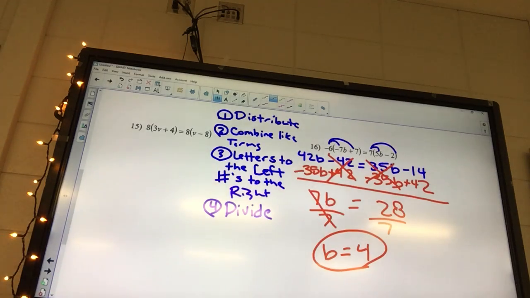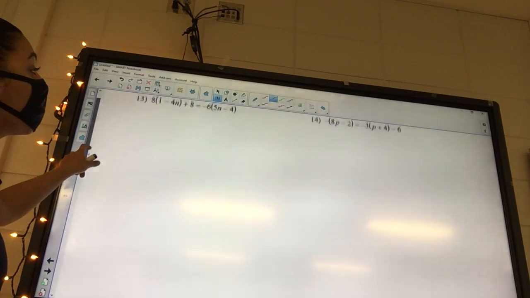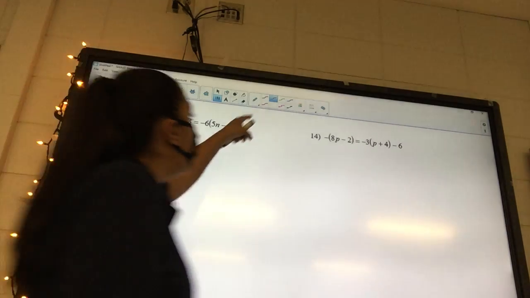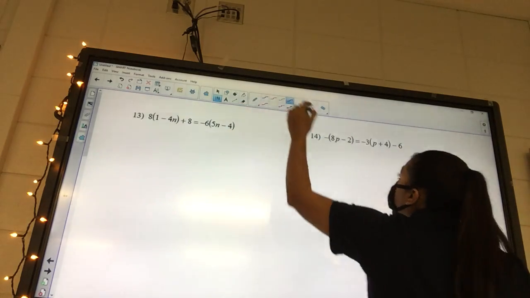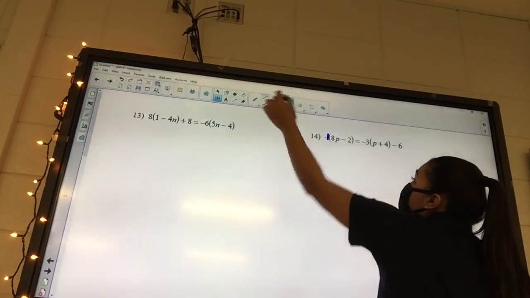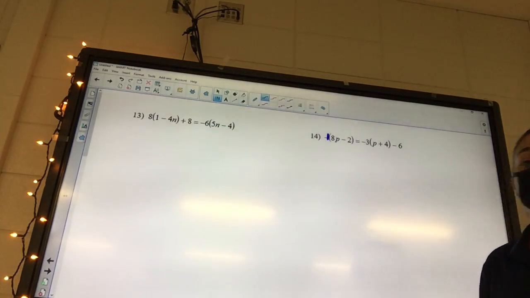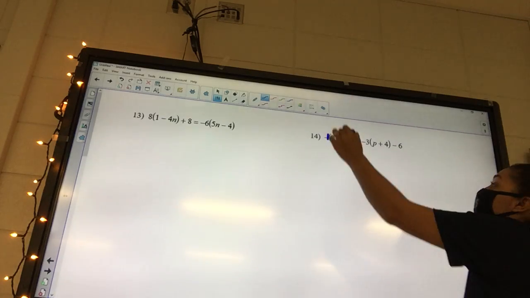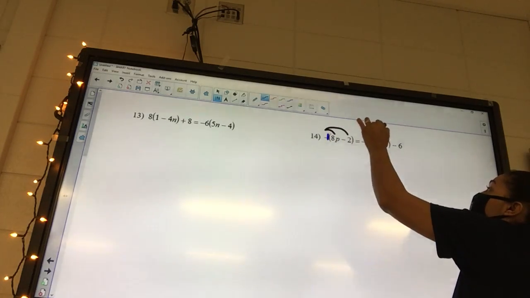Okay, let's look at 14. A 1 does go in front of that negative, so we can put a little 1 right here. What's our first step always? Distribute. So we got boom, boom, boom, boom.